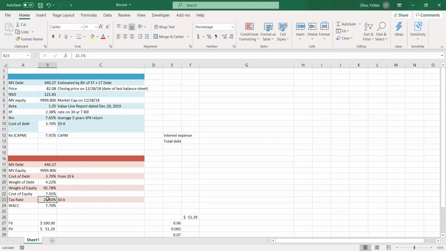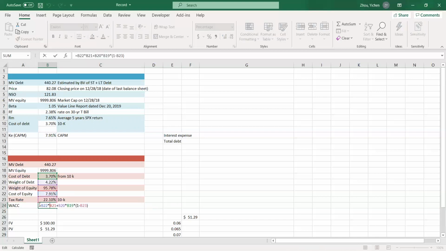Also you need to find out the tax rate, because when we compute the WACC by using the cost of debt, we want to take the tax out. So that's the final equation.